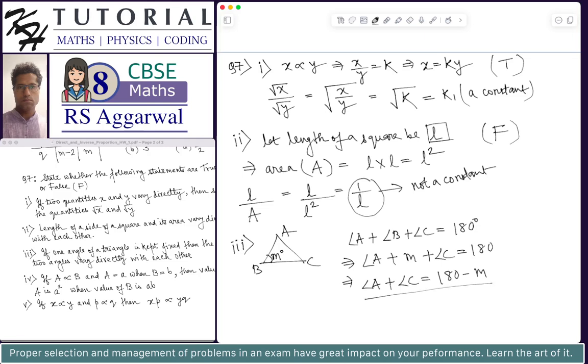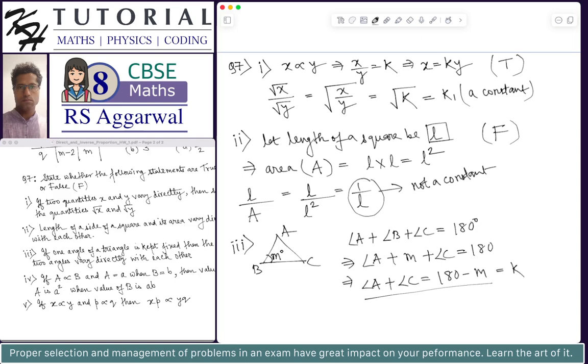The problem says the other two angles vary directly with each other. In this diagram, the other two angles are angle A and angle C, and angle A plus angle C is equal to 180 minus m, which is also a constant.